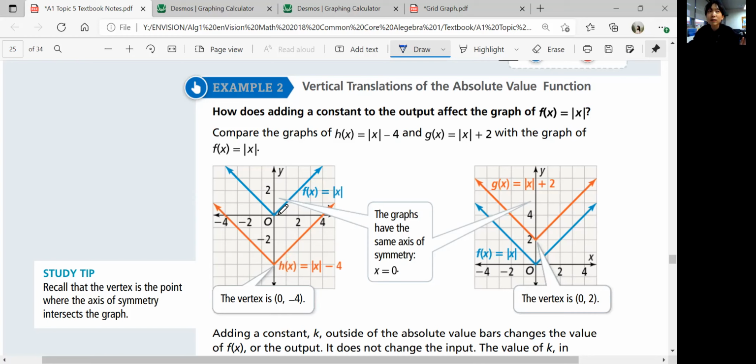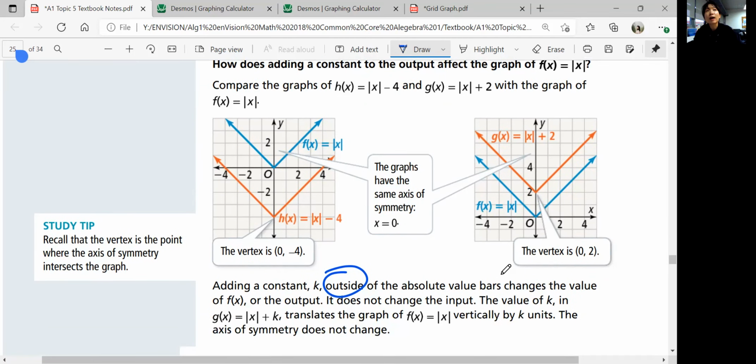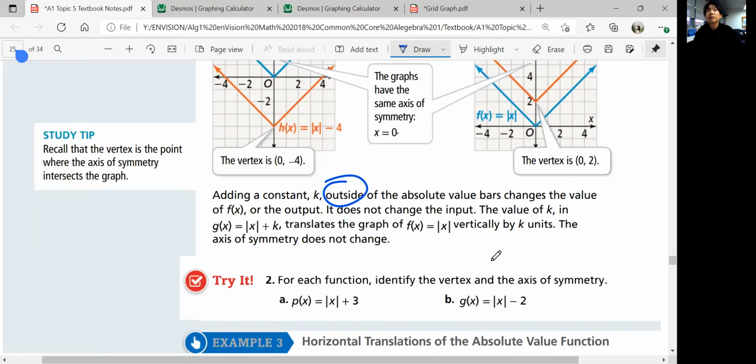So you can just look at the vertex and say, oh, it moved down 4 units, oh, it moved up 2 units. Adding a constant k outside of the absolute value, important, outside, changes the value of f of x, or the output. So it's a vertical change. The value of k translates the graph vertically by k units. The axis of symmetry does not change.